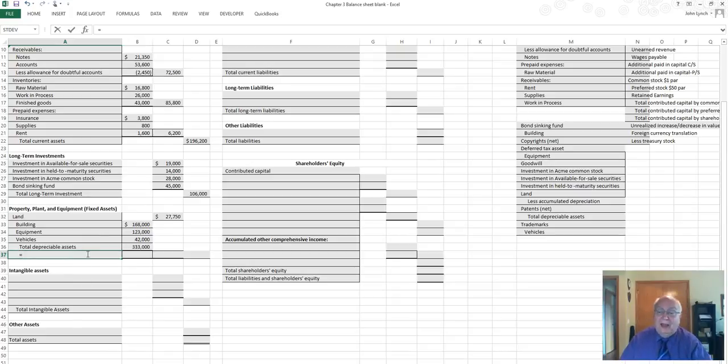Then, like you normally would have, you'd have less accumulated depreciation of 189,500. And then we add those two together. Gives you 143,500. Now this is a little different because what you had in the past was equipment, less accumulated depreciation, vehicles, less accumulated depreciation, buildings, less accumulated depreciation.